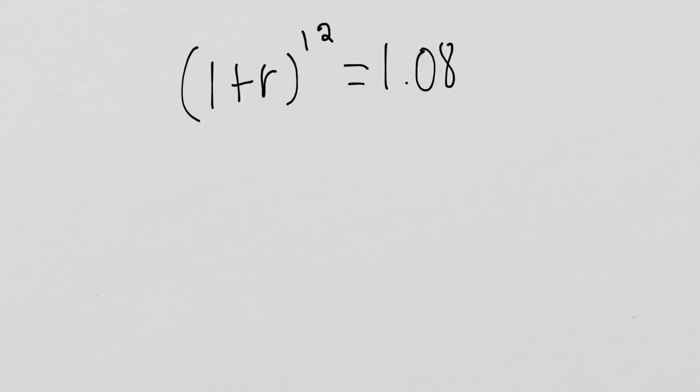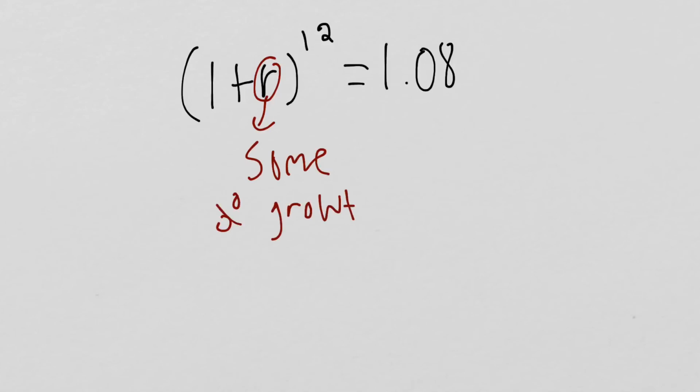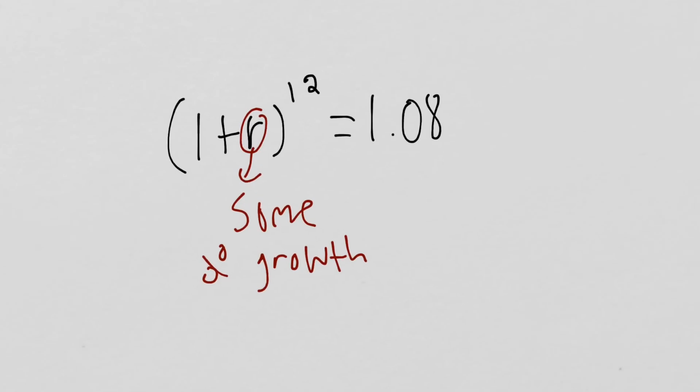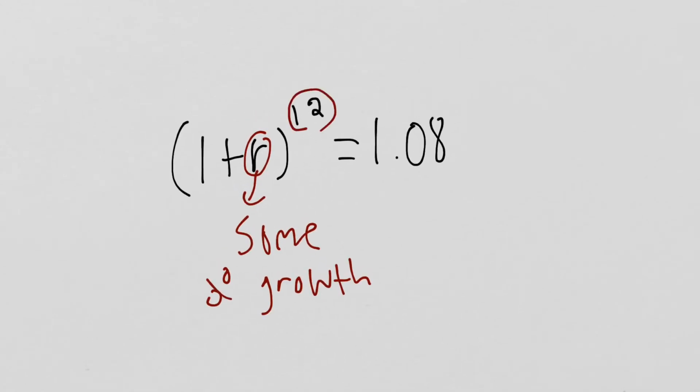The last thing we're going to do is look at how we could solve an equation like this. And I first want to show what this is representing, right? So this r value is some percentage growth. Okay, in the context of time, we can assume that 12 is representing months.